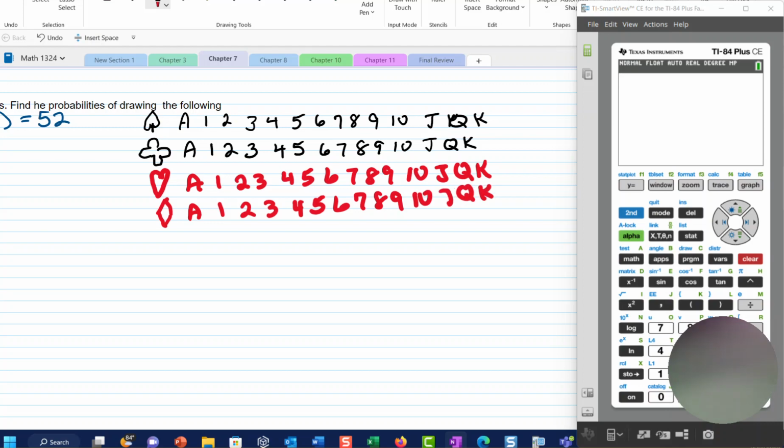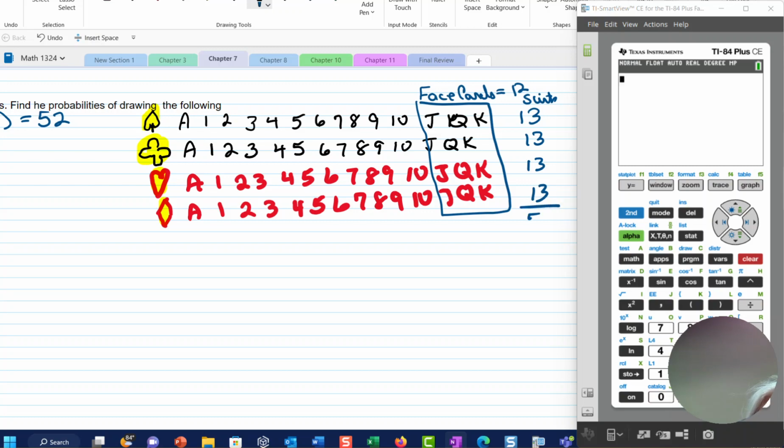All right. So now we're analyzing what we have. These right here are called face cards, and we have 12 of them. All right. These are just numbers, and there's 4 of each, and 10 total. There are 13 cards in each suit. The suits are clubs, spades, hearts, and diamonds.